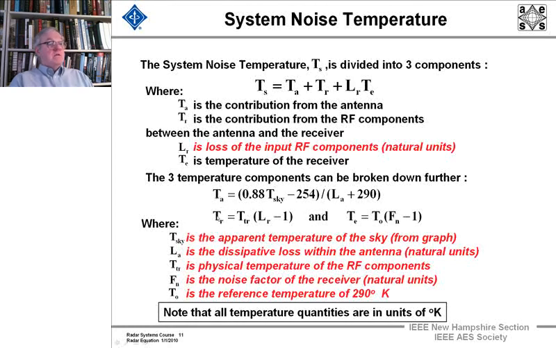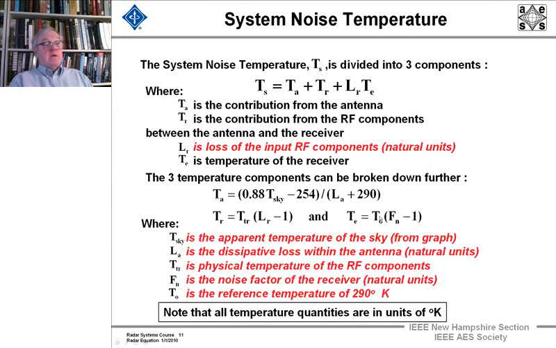And then the T sub R, which is the contribution from the RF components, is just the physical temperature of the RF components times L sub R minus 1, where L sub R is the loss of the input RF components in natural units.